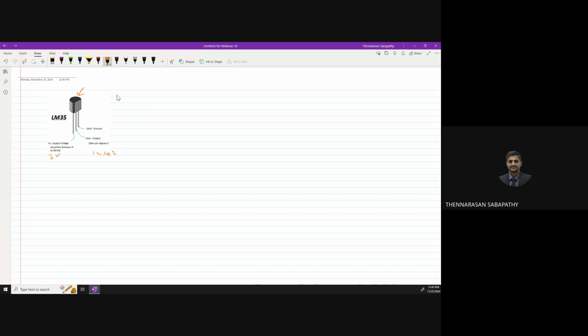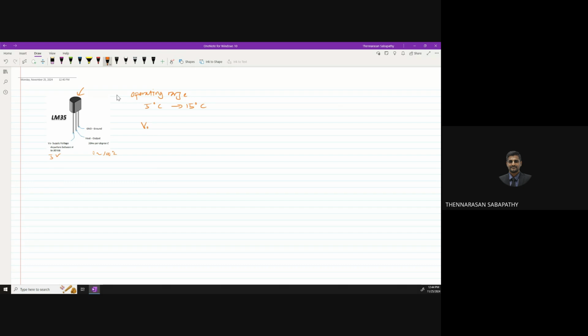Anyway, using the same operating range, yes, now we have an operating range of 5 degrees Celsius to 15 degrees Celsius, correct? So if you use the LM35, this is the Vout of the LM35.